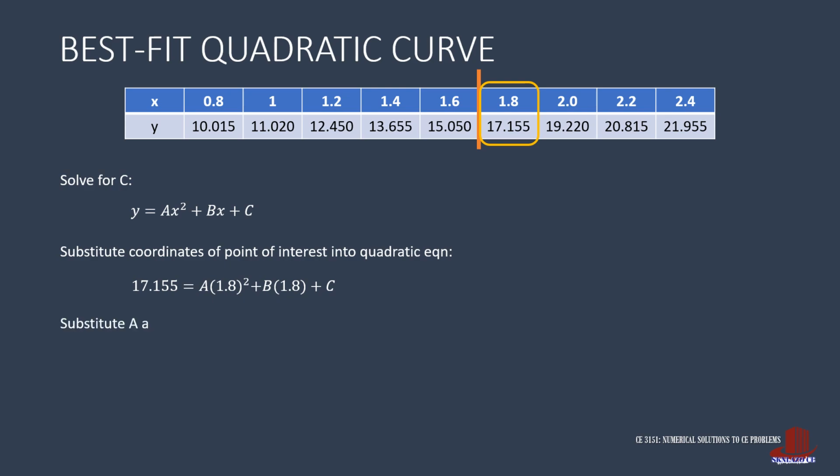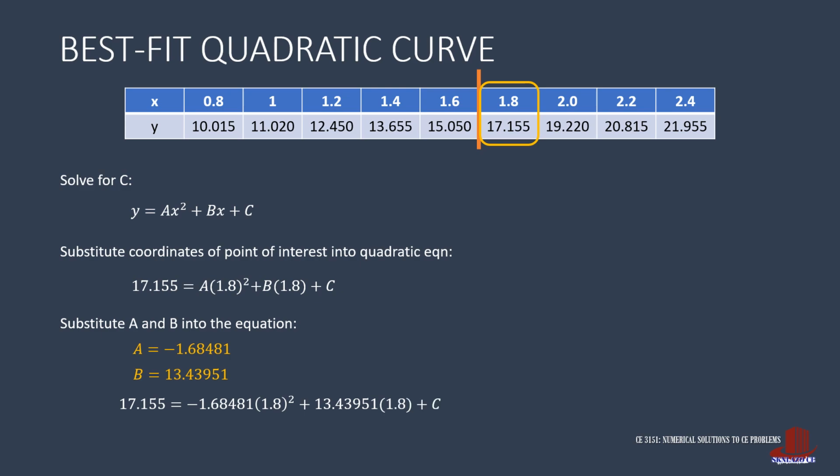If we place the computed values of a and b from earlier, we get 17.155 as equal to negative 1.68481 with 1.8 squared, plus 13.43951 times 1.8 plus c, where c is then negative 1.57733.